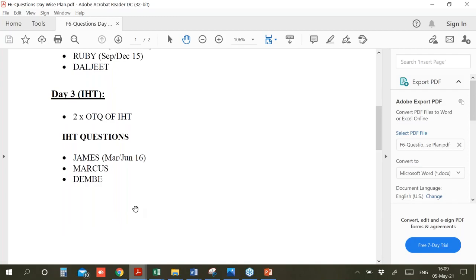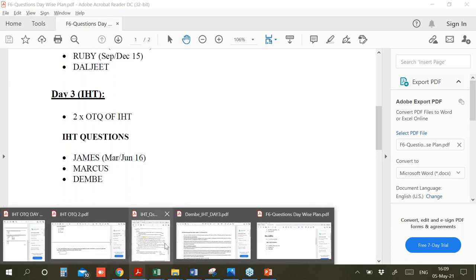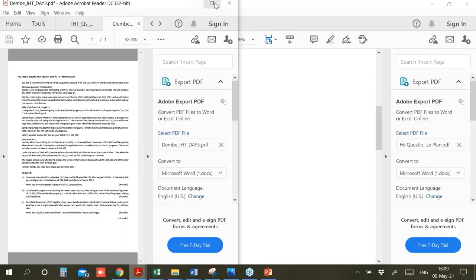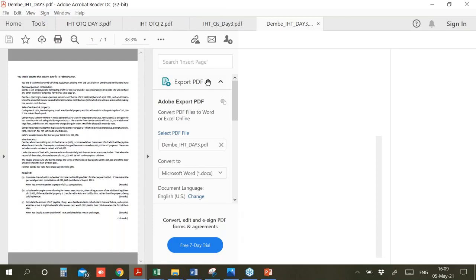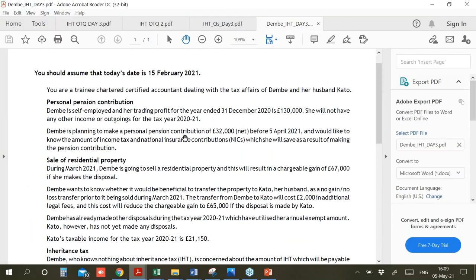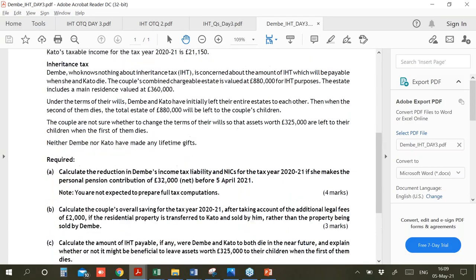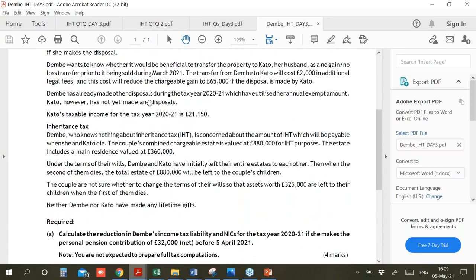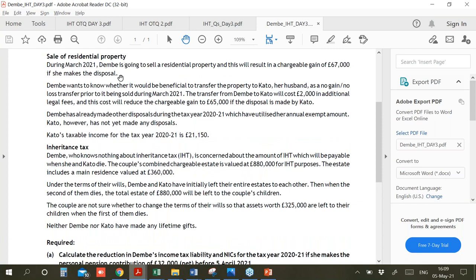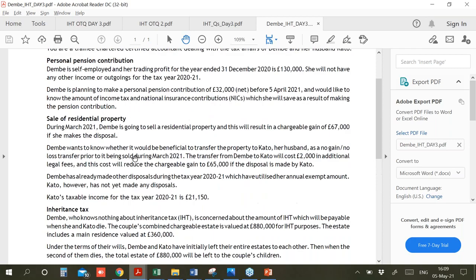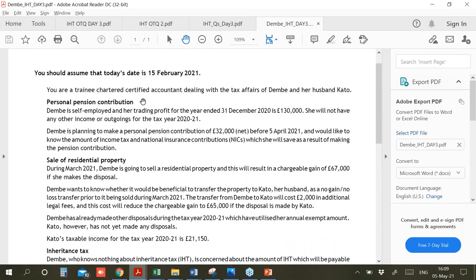You can find that in Kaplan Kit as well. And it is a 10 mark question and it deals with multiple taxes. So let's read the requirement first. If you look at the heading, it has inheritance tax in that, it has sale of residential property in that, and it has personal pension contributions in that.